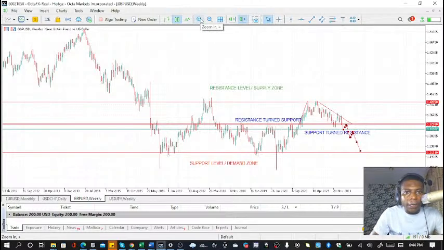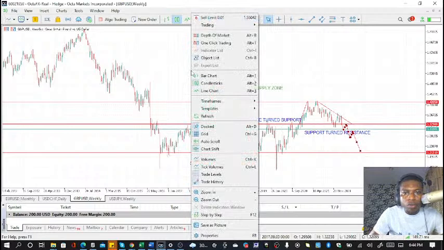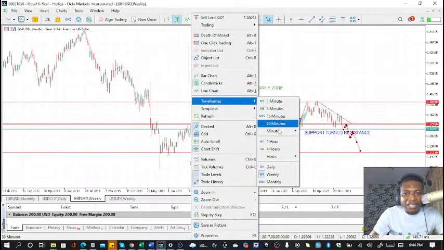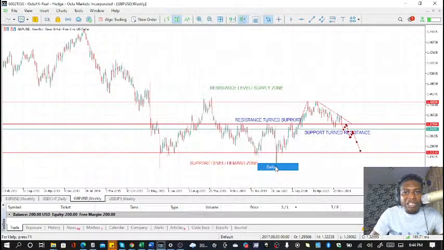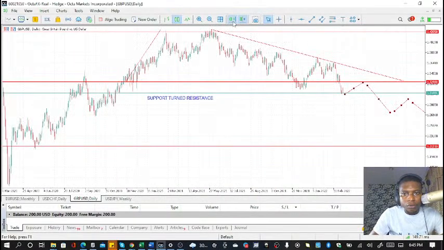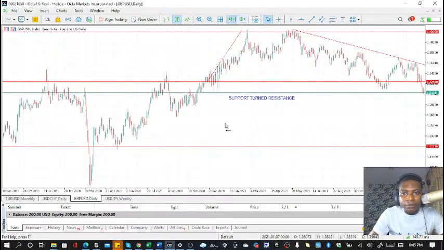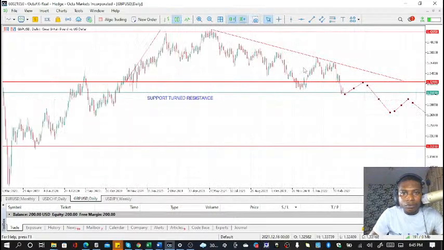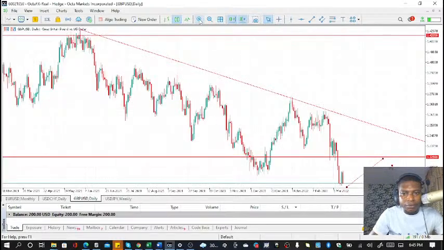Now let's look at it. I've adjusted it. This is a weekly chart, right? Now let's go down to the daily chart. The daily chart will give us another clearer view of what is happening.